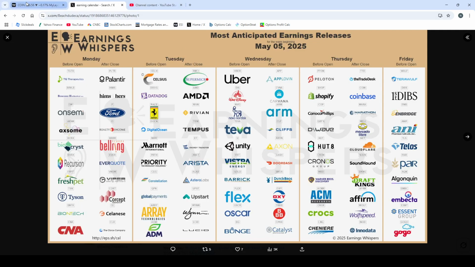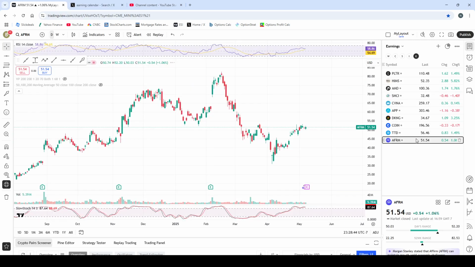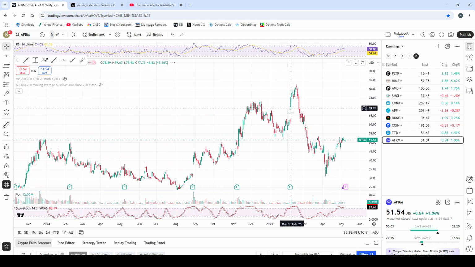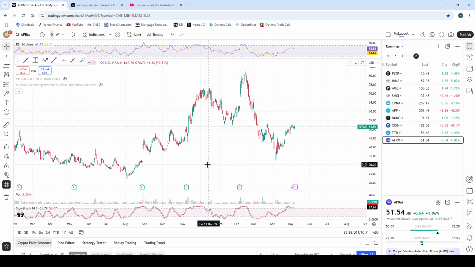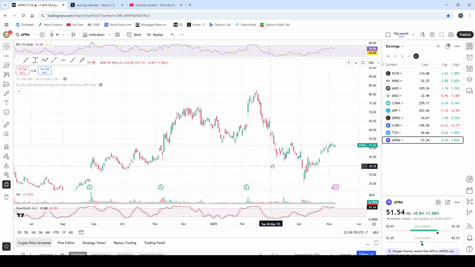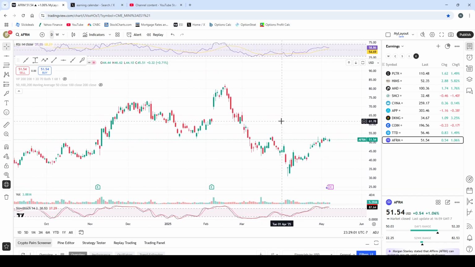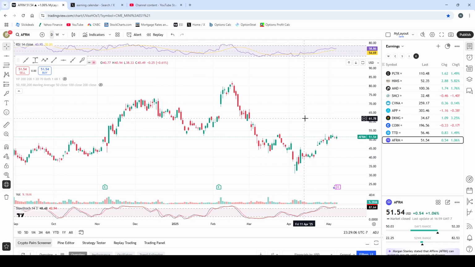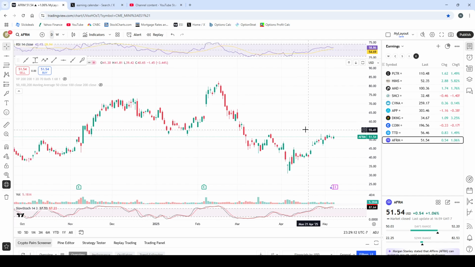Next is Affirm. Okay, so again, looking back. When you look at this chart, it's a little bit harder to draw a trend line recently.